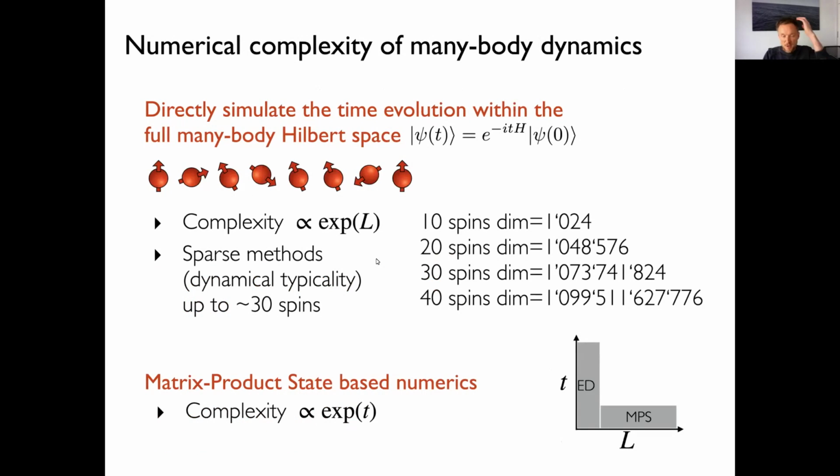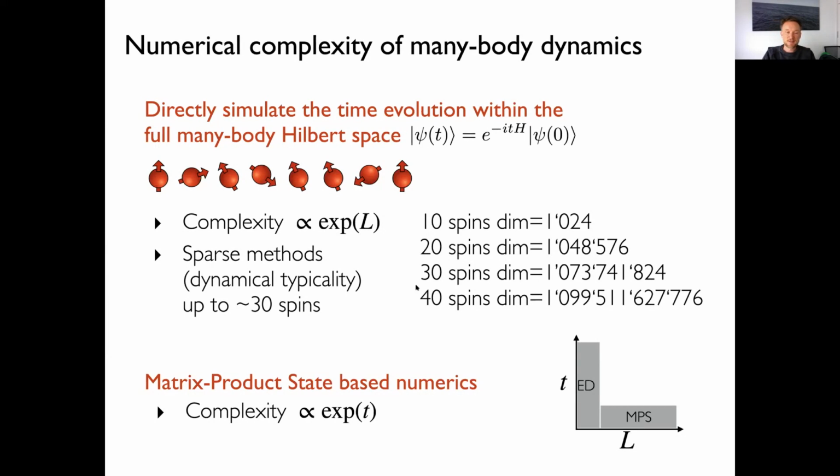The most direct way of simulating this on a computer is to perform an exact diagonalization, or in other words, to represent the full many-body Hilbert space and then perform the time evolution starting from some initial state. And just to provide some numbers, if you want to run it on a reasonable amount of computational resources, then we are bound to the order of 30 or so spins.